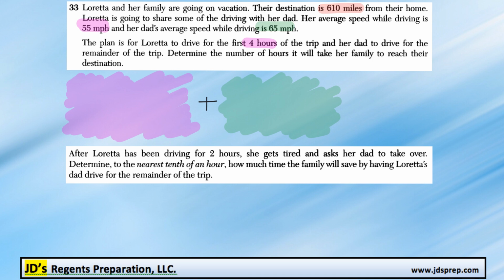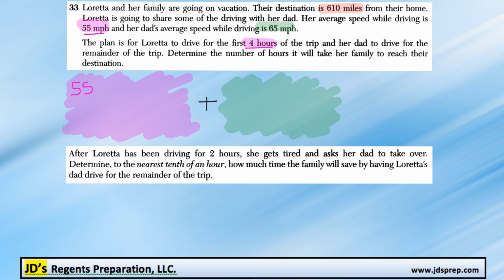So I just drew these little colored blocks to try to visualize. We know Loretta's the pink driving time and dad's the green. Loretta drives 55 miles per hour and she's going to drive for 4 hours. So to find out how far Loretta's going to drive, we multiply those two numbers together, right?